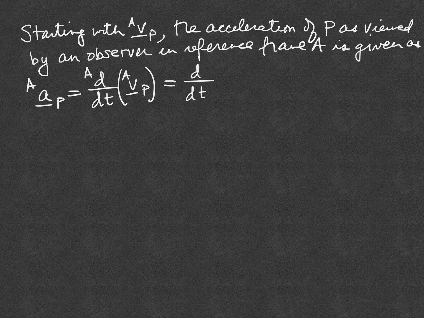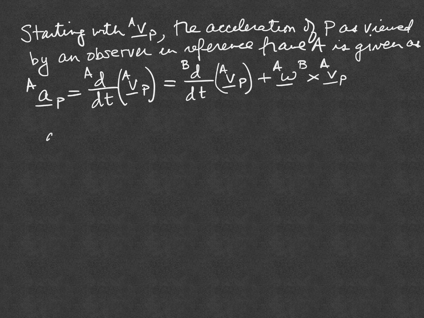So this is d dt in B of the velocity of P in A plus the angular velocity of B in A crossed with the velocity of P in A. That's just because, just like the position was expressed in the basis ER, E theta, EZ, so too is the velocity of point P in A. It's expressed in coordinates fixed in frame B. So therefore, in order to get the acceleration of point P as viewed by an observer in reference frame A, we need to apply the transport theorem from reference frame B to reference frame A.